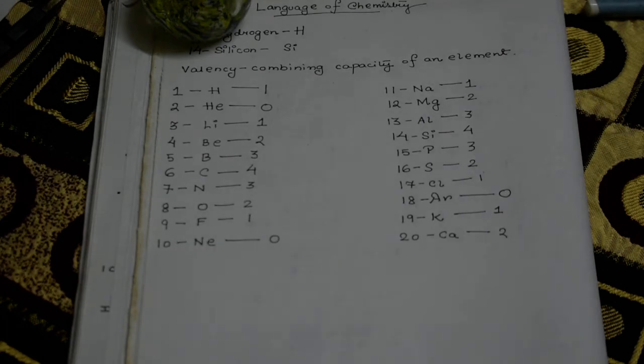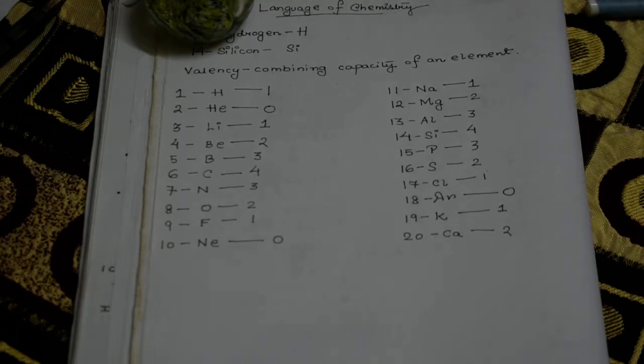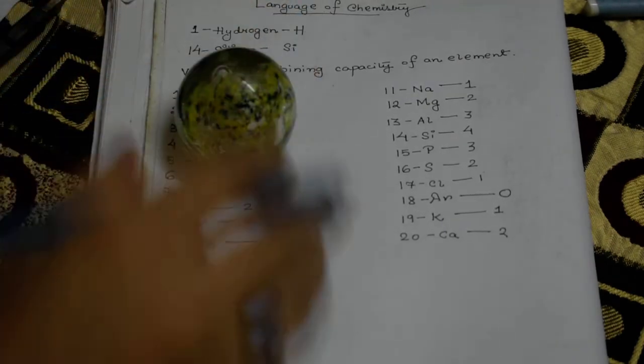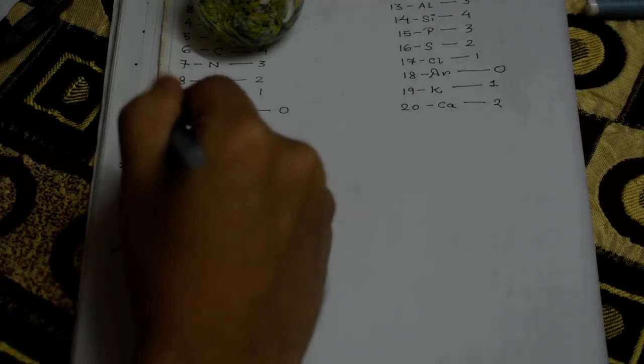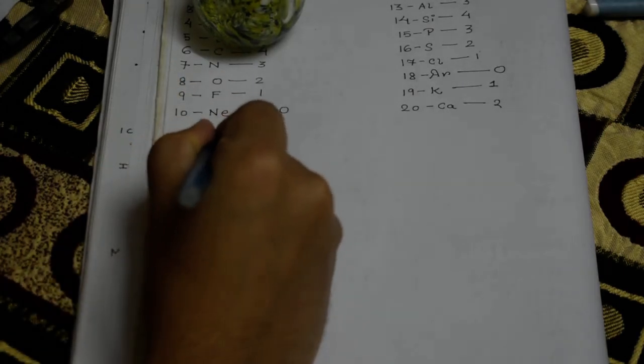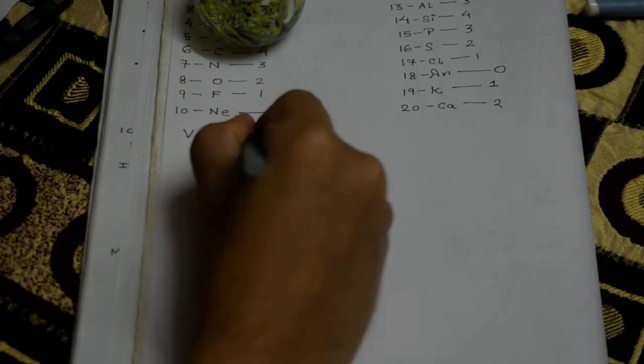But these were valencies which are fixed. As we said, there are other elements as well where we see conditions of variable valency. What about those? Let us deal with some of them.